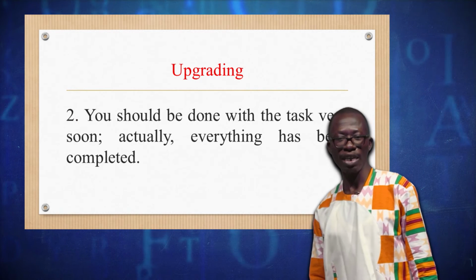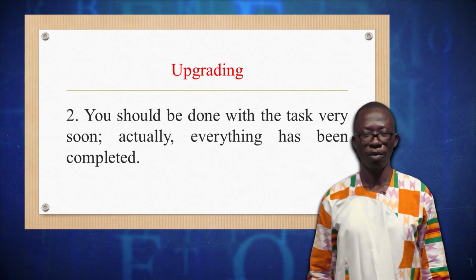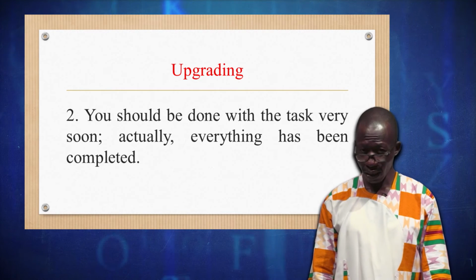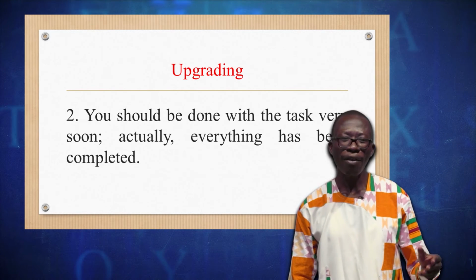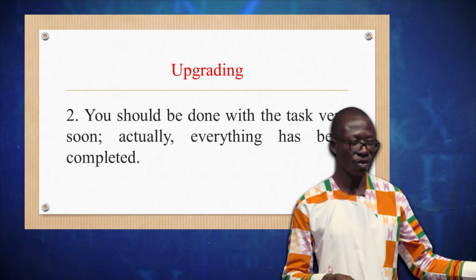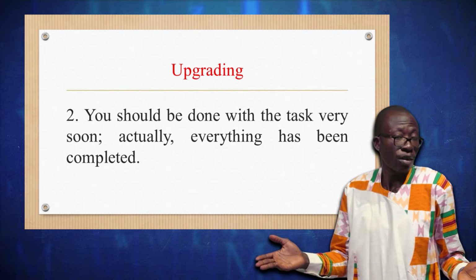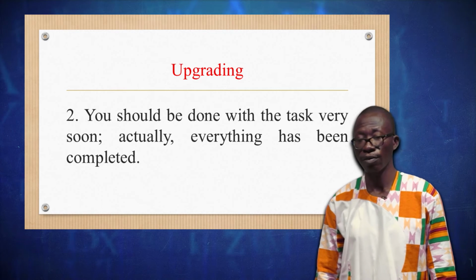You should be done with the task very soon. Actually, everything has been completed. Yeah. So we have you should be done with the task very soon, a complete information. Everything has been completed also gives us a complete information.